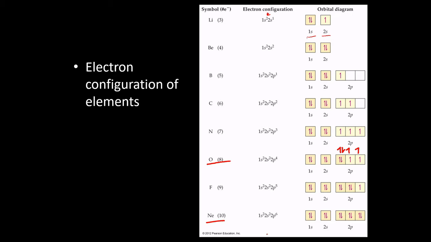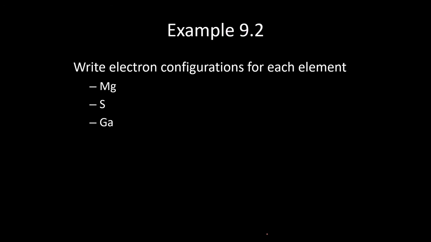The order in which you fill them, the rules about how you fill them, that does not change. Doesn't matter if you're looking at metals or nonmetals or transition metals or radioactive elements, doesn't matter. Everything gets filled exactly the same way. The rules are always the same. The order is always the same. The only thing that changes is the number of electrons that you put into the configuration or the diagram.